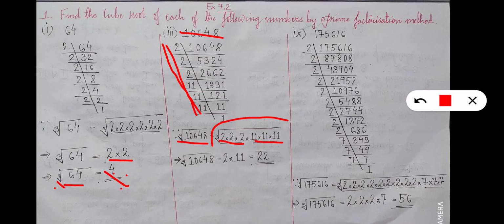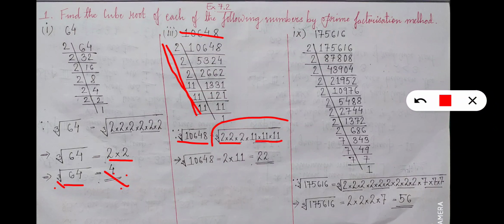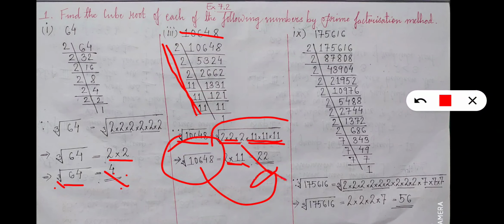Now as usual we'll make triplets. There is one triplet of 2, so one 2 will come out. One triplet of 11, so one 11 will come out. 2 11s are 22. So the cube root of this is 22 and the cube of 22 is this. If you multiply 22 three times, you'll get 10,648.